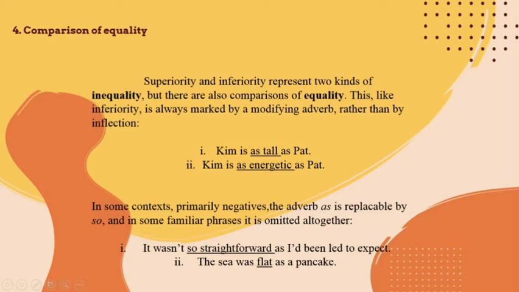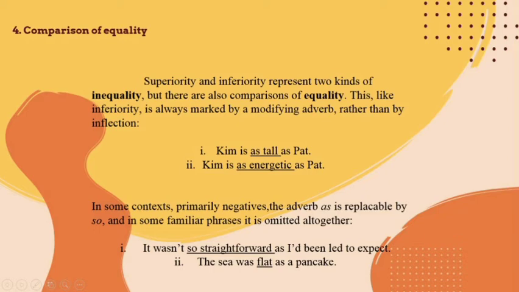The first as is an adverb of degree, like more and less, except that it can modify determinatives. The second as is a preposition, like than. As is used for equality and than for inequality.